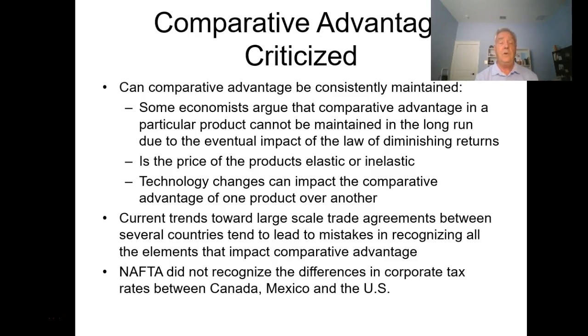Hopefully it's part of the negotiation that's going on now. People in Mexico and Canada have to understand these differences. I think we'll get a lot further along with Canada than we will with Mexico.